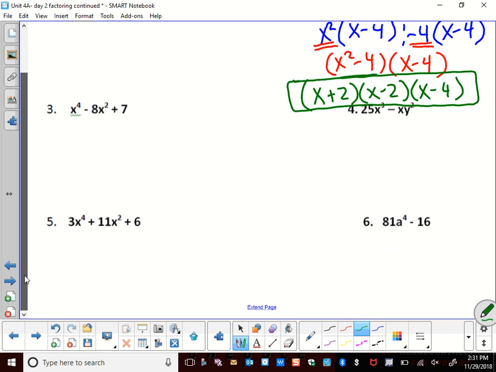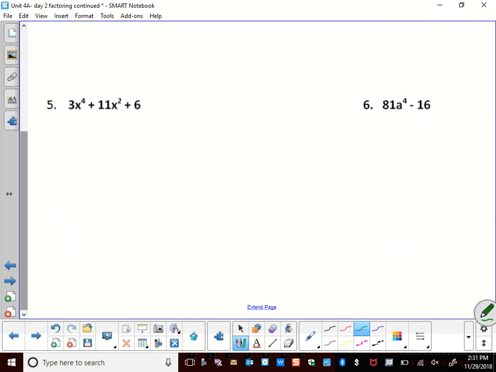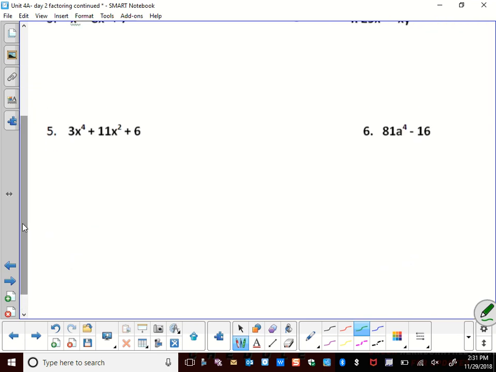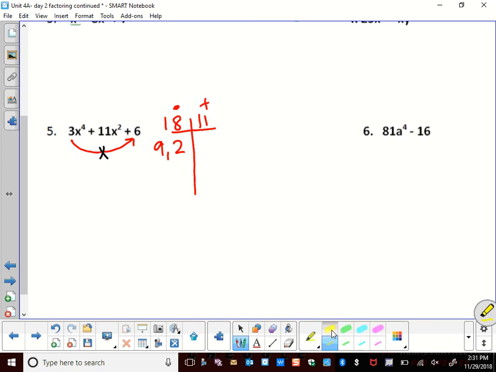All right, the next one was number 5, right? Alright, so I had to swing this one. I swung the 3 to the x. When that happens, I need to multiply it. So my T-chart, I need 2 numbers that multiply to give me 18 and add to give me 11. You use 9 and 2. The important part here is that we look to see what's in the middle because we keep our middle term.